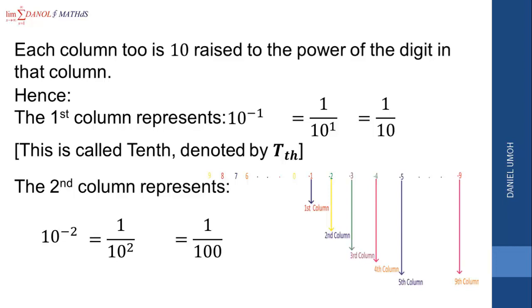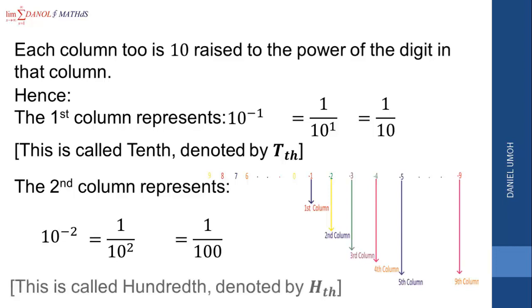That is what we call the law of reciprocal. Of course, 1/10 raised to the power of 2 is equal to 1/100, because 10 raised to the power of 2 is 100. So the second column represents 1/100, and this is called hundredth, denoted by capital HTH. I hope you understand this.